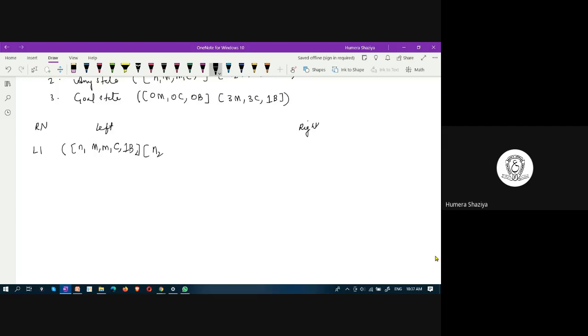Some number of missionaries, cannibals, and there is no boat. This is at the left and right. After you apply the right side of the rule, what would it be? N1 minus 2M. N1 minus 2M means what?